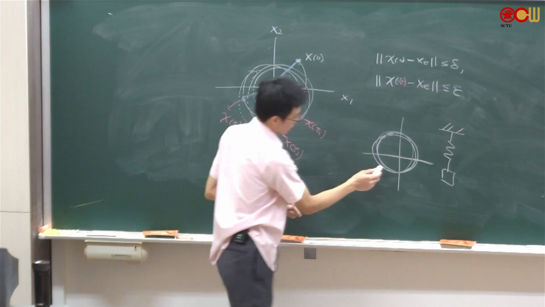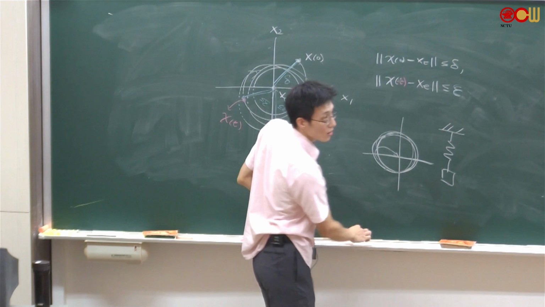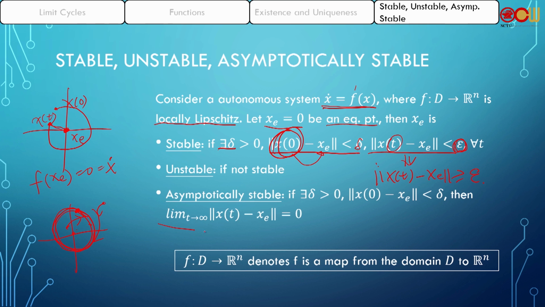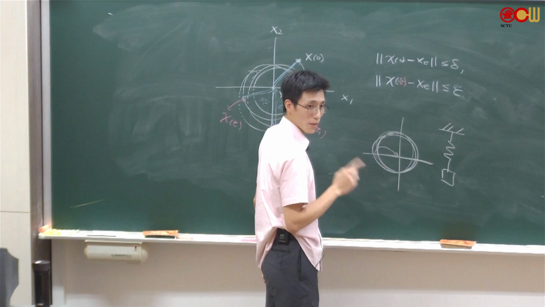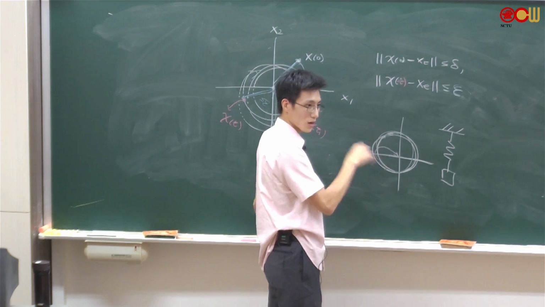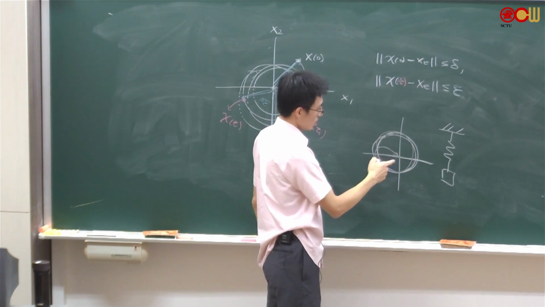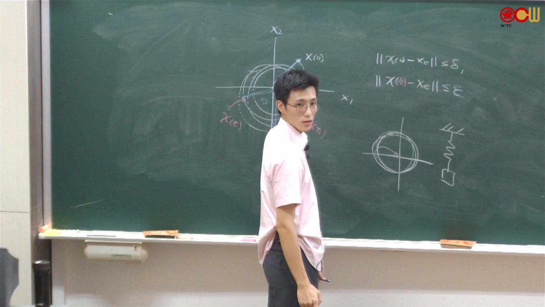Asymptotically stable means you will converge to the origin. That means asymptotically 0. That's the only difference here. For asymptotically stable, it has to converge to the equilibrium point. Stable means it only stays around the equilibrium point, while for asymptotically stable, you have to converge to the equilibrium point.